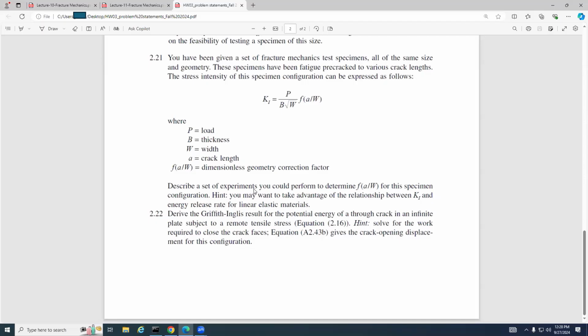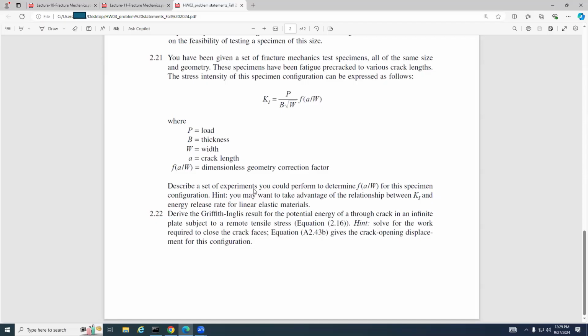Then the decrease in the potential energy due to formation of the crack, Pi minus Pi 0, will be equal to 4 sigma squared. Okay, so this is the d Pi.